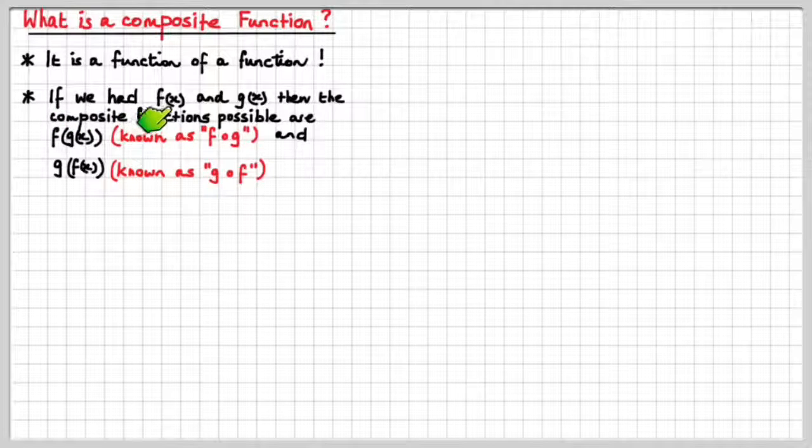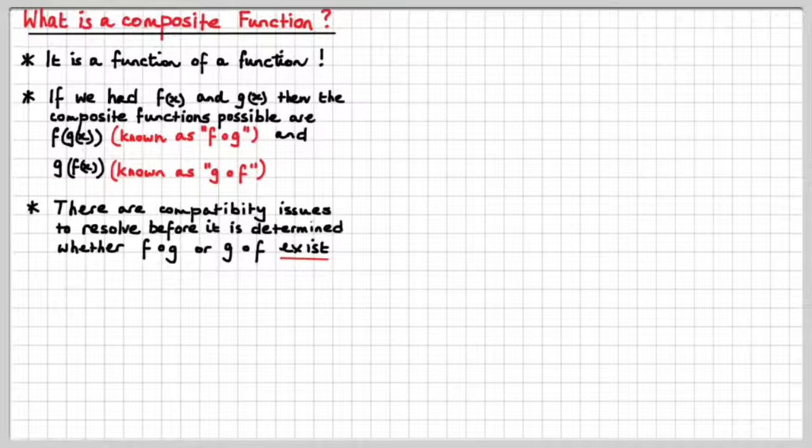If we had f of x and g of x, then the composite functions possible are f of g of x, which is affectionately in my language known as fog, and you could also have g of f of x, which I call affectionately goff, although there's not much affection anywhere for these things, I can assure you.